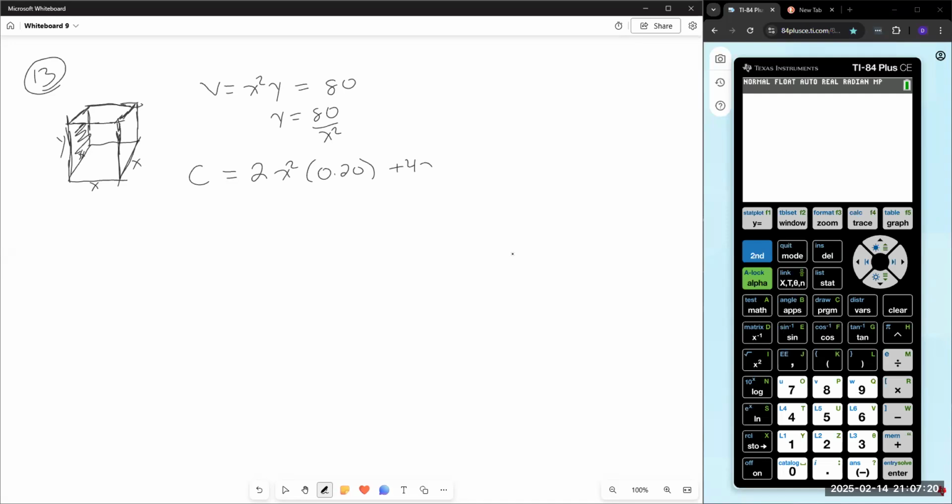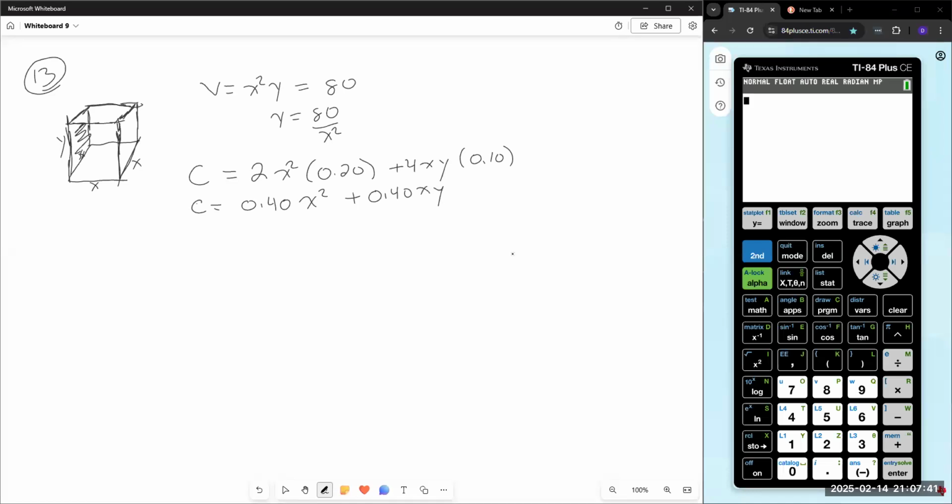There's 4 of those, and those cost 10 cents per square centimeter. So altogether, my cost function is 40 cents times x squared plus 40 cents times xy.